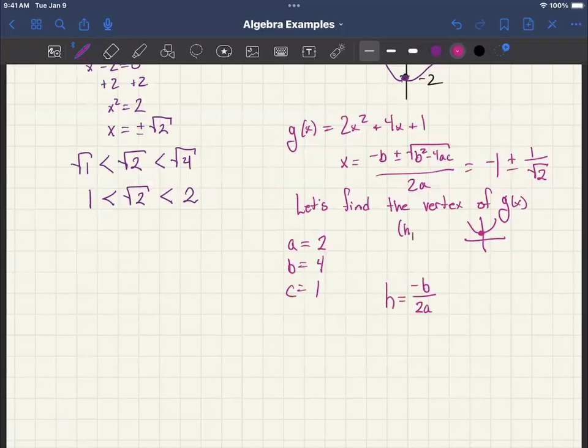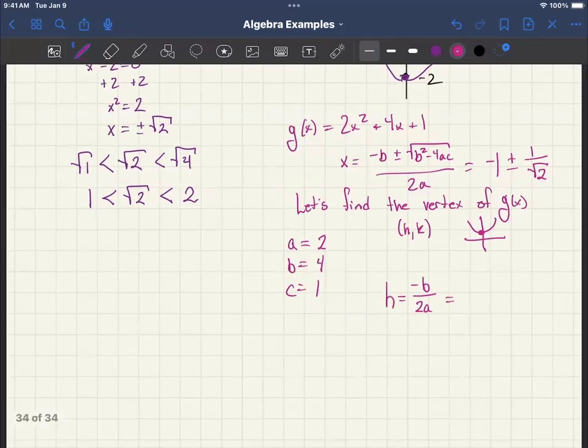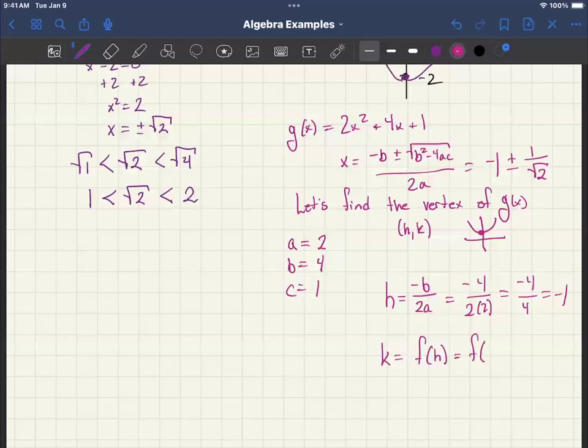So this is going to be h comma k. Our h formula is equal to negative b over 2a. So we're looking at negative 4 over 2 times 2, or negative 4 over 4, negative 1. Our k is f of h, or f of, in this case, negative 1.